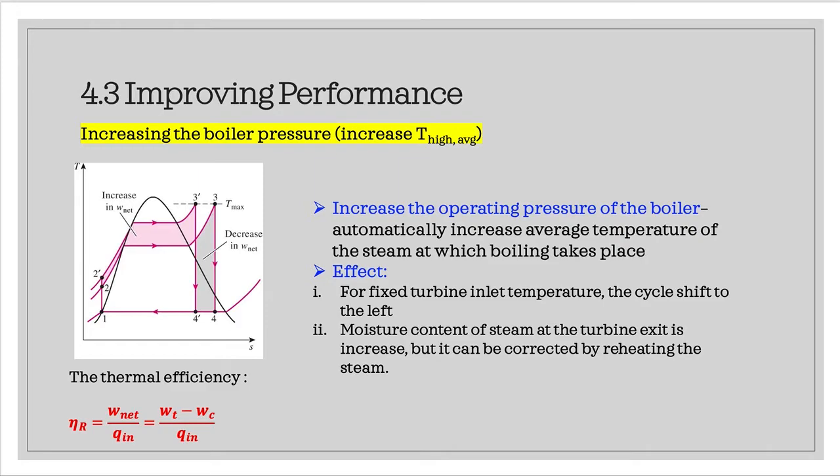Next, to improve performance is we increase the boiler pressure. So this is the initial pressure of a boiler, 2 to 3. But if we increase the boiler pressure from here to here, we can see at the colored area, this is the increase in W net.